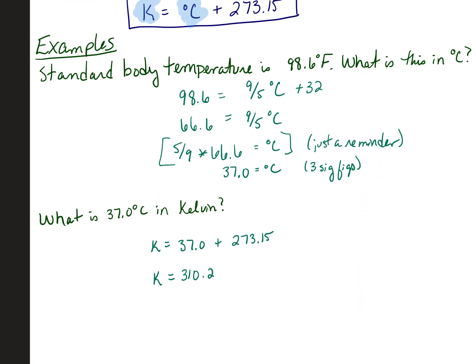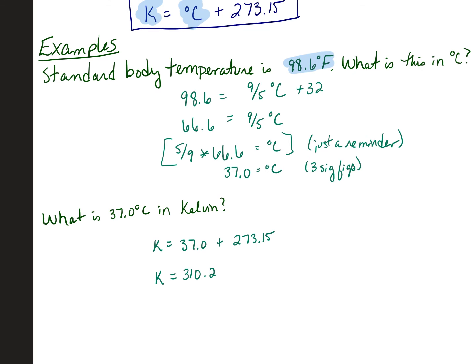Standard body temperature is 98.6, and we can convert that using the equation that I just showed you. Keep in mind that when you go to use this equation, to get the 9/5 out of the equation, you would need to multiply both sides by 5/9, because that would cancel out the 5 and the 9. Okay, just pointing that out.